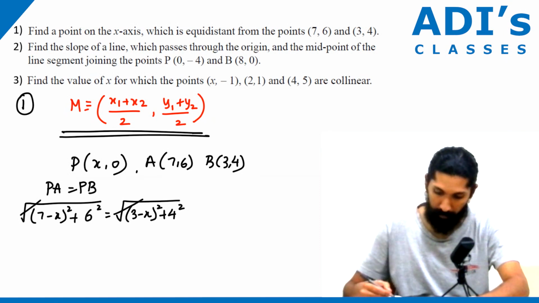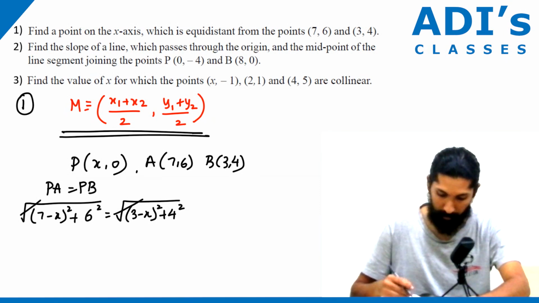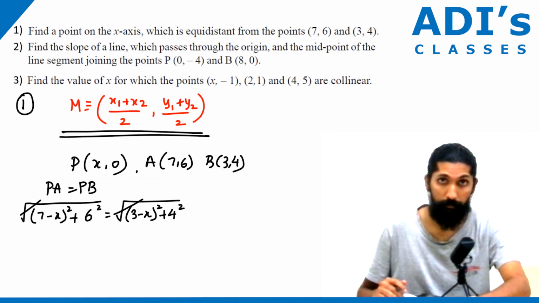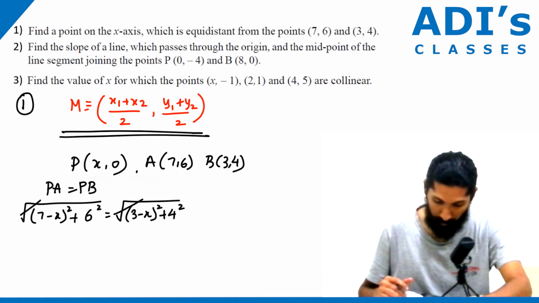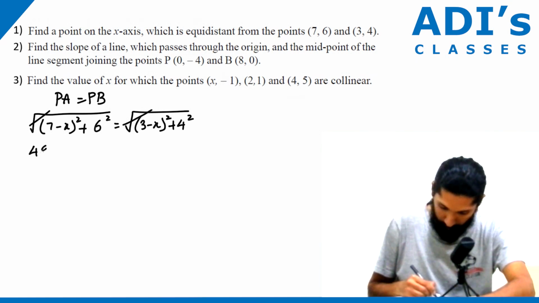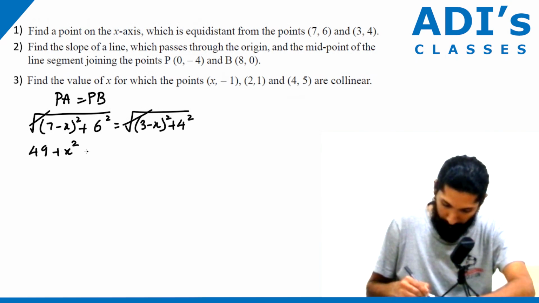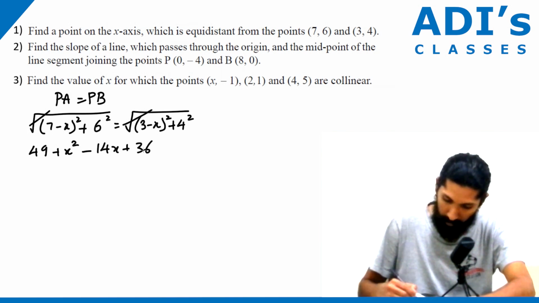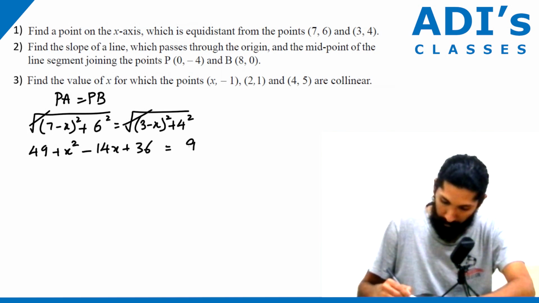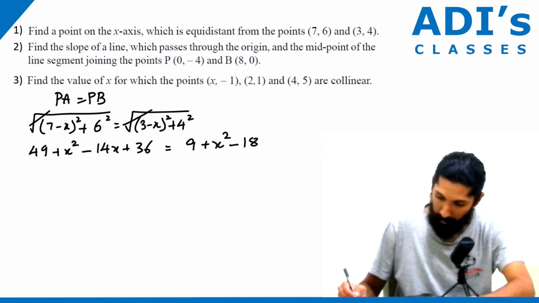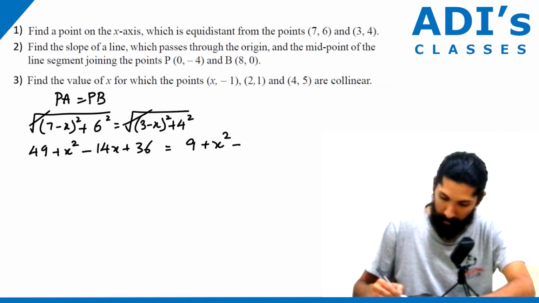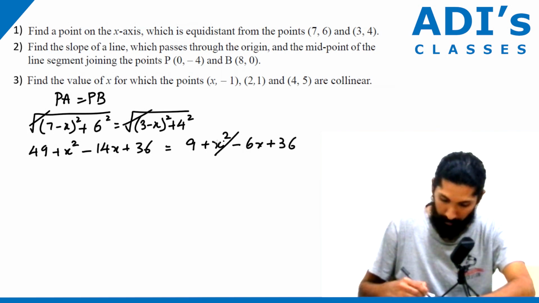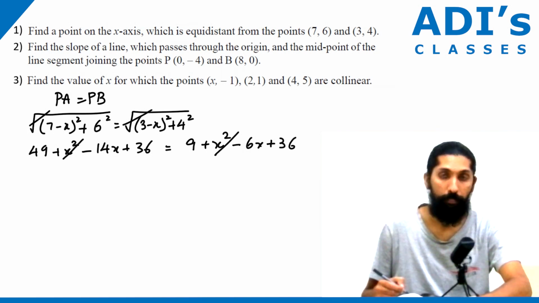Now expand this. So we have (7 minus x) whole square plus 6 square, isn't it? If you do this, you get 49 plus x square minus 14x plus 36 is equal to 9 plus x square minus 6x plus 36. x square and x square get cancelled, correct?